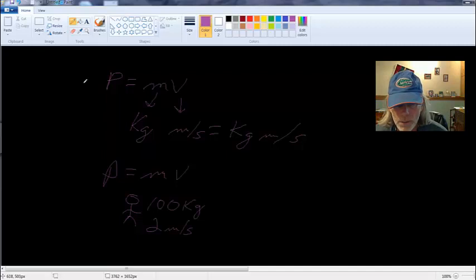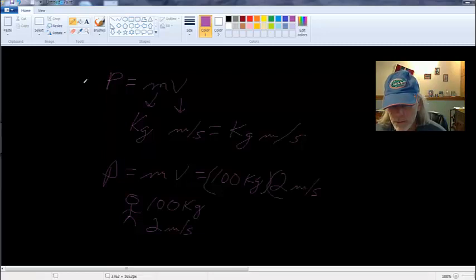So we know P, or momentum, equals mass times velocity. Well, we know the mass is 100 kilograms, and I like to put things in parentheses. We know his velocity, and again, velocity is a vector unit, so 2 meters per second is his velocity.